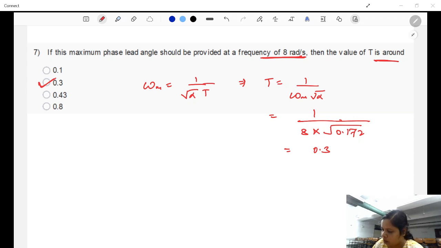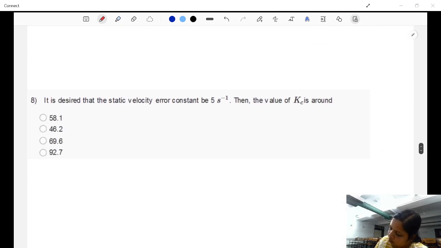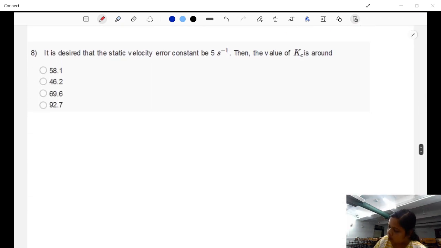Okay. Now, it is desired that the static velocity error constant be 5 per second. Kv should be equal to 5 per second. Then what is the value of Kc?